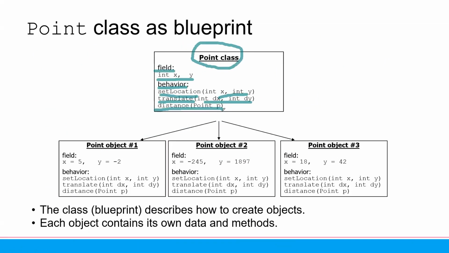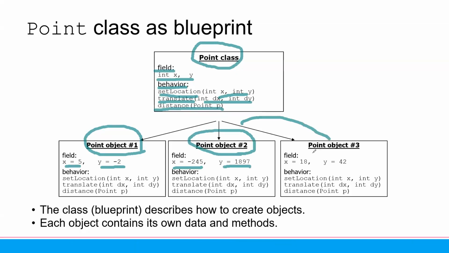So I can make point 1, where X is 5 and Y is minus 2. I have another point number 2, for example, X is minus 245 and Y is 1897. I have another point number 3, where X is 18 and Y is 42.